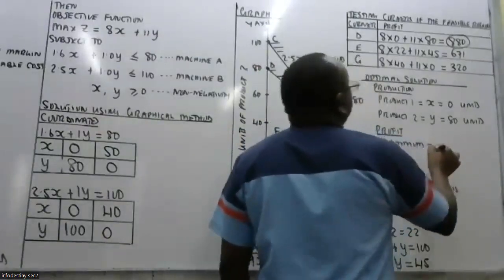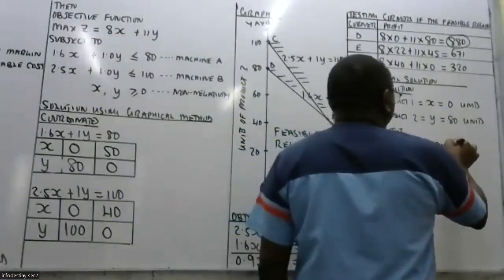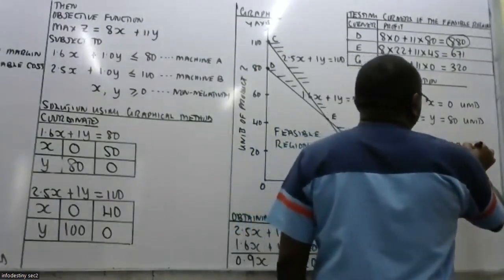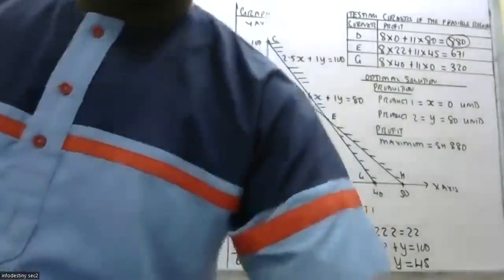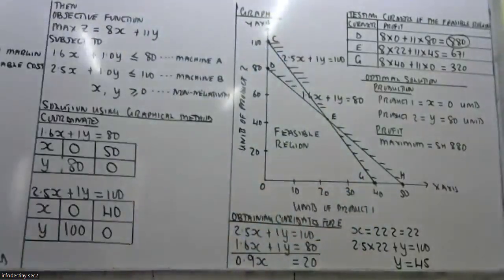And the maximum that we are getting is shillings 880. That is how you solve linear programming using the graphical method.